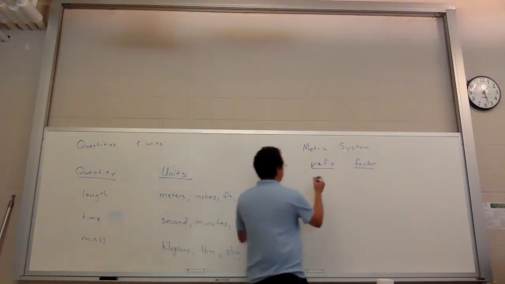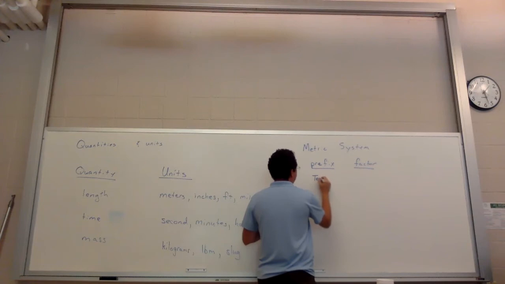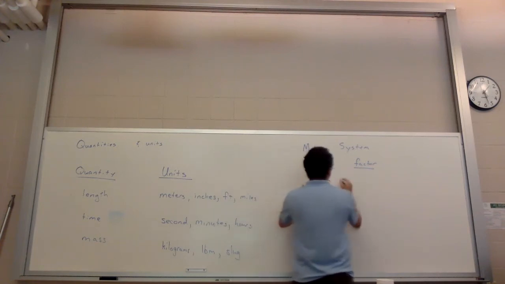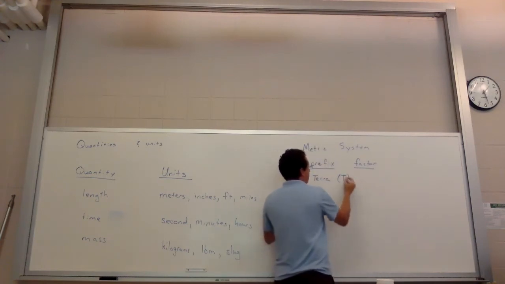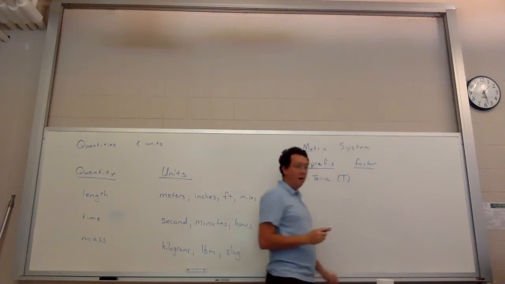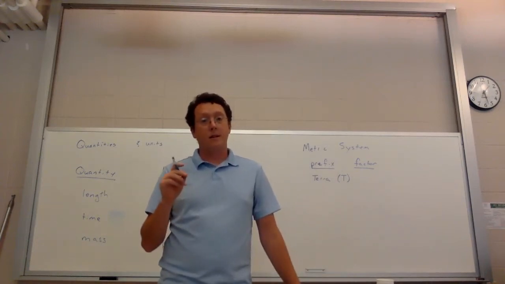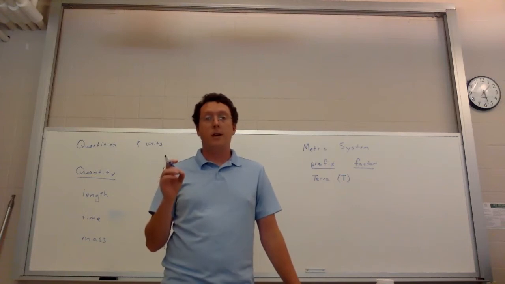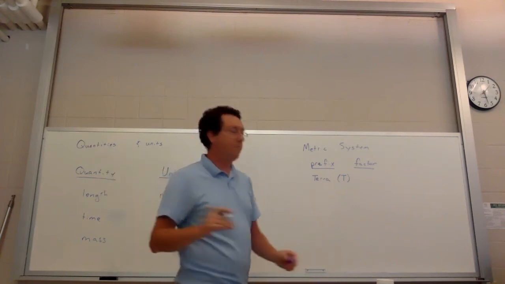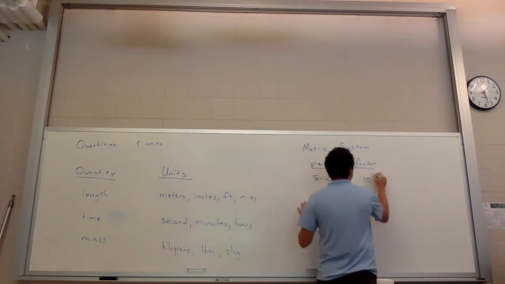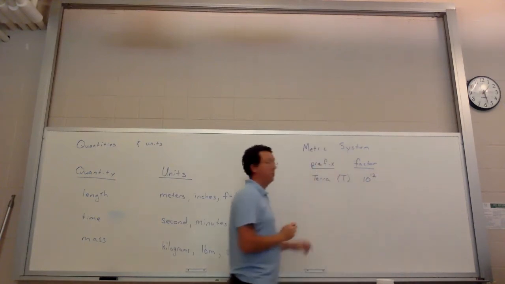We have tera, T-E-R-R-A, and the abbreviation would be a capital T, and that is a factor of a trillion. So that's 10 to the 12.